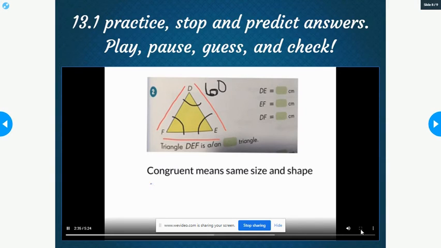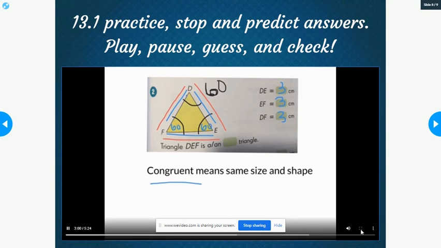So congruent, again, that means the same size and shape. So all 3 of these sides were congruent, were equal to one another. And when I measured them, they actually all came out to be 3 centimeters. 3 centimeters, 3 centimeters. And all the angles were 60 degrees, as I previously mentioned.